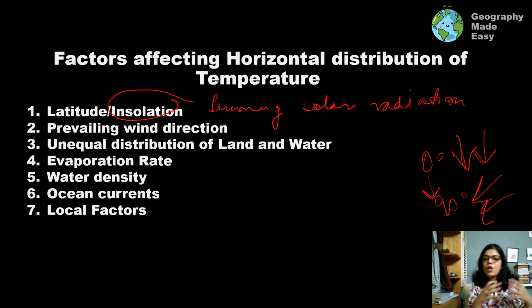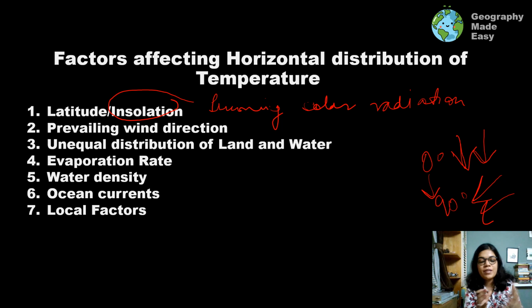So this affects the sea surface temperatures. This is also one reason why the surface temperature of the sea is much hotter near the tropical regions in comparison to the temperate and the polar regions.